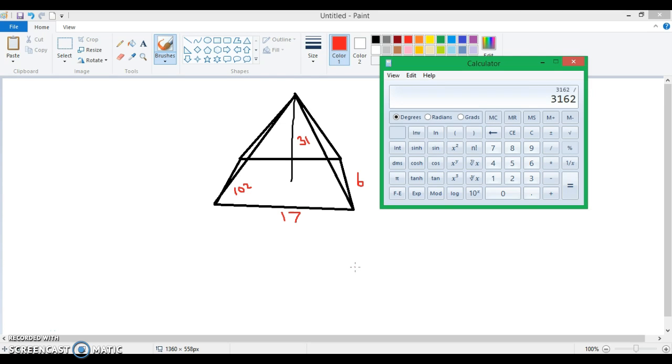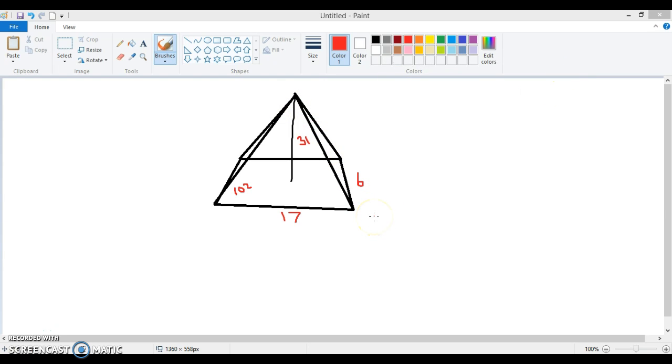And then we divide it by 3 again, and we get 1,054. So that is our volume. And there you go. That is how you find the volume of cones and pyramids.